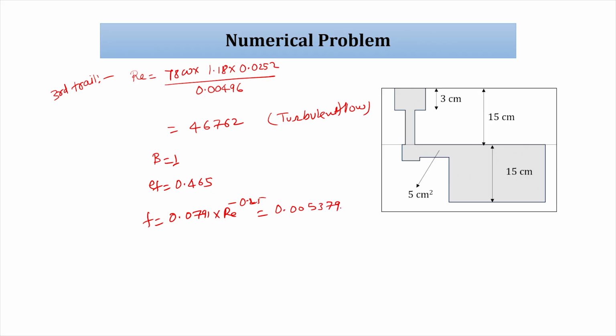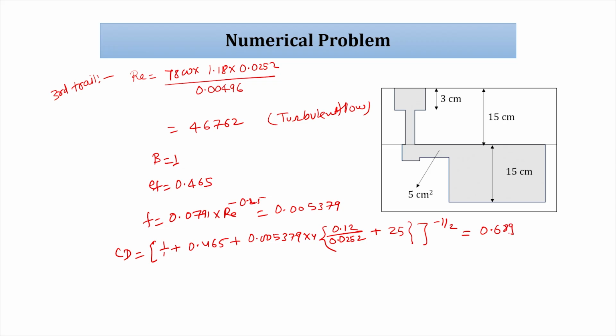That is coming 0.005379, isn't it? So, we calculate CD equal to 1 by 1 plus 0.465 plus 0.005379 into 4, 0.12 divided by 0.10252, plus the next value will be 25 minus half, and that value is coming 0.689.